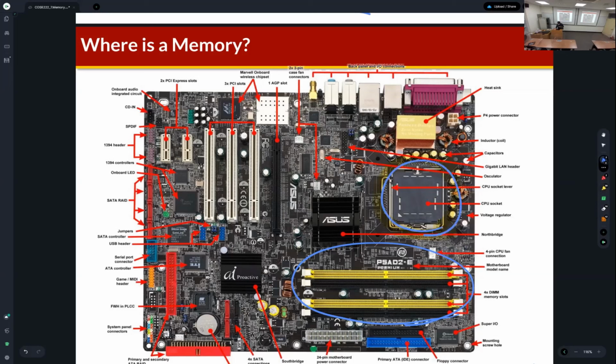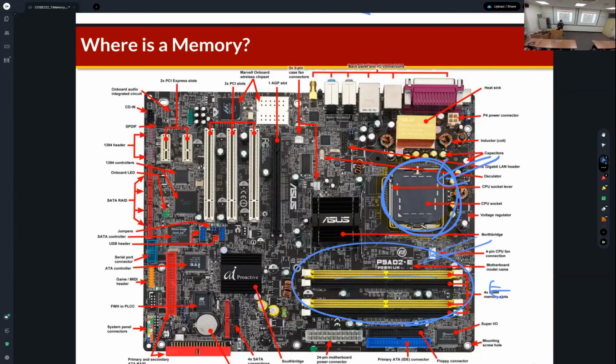Here we equip a CPU. The CPU is a processor, and you can find these slots. These slots are memory slots, and they are called DIMM slots.